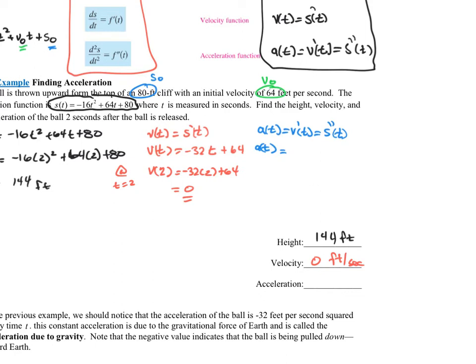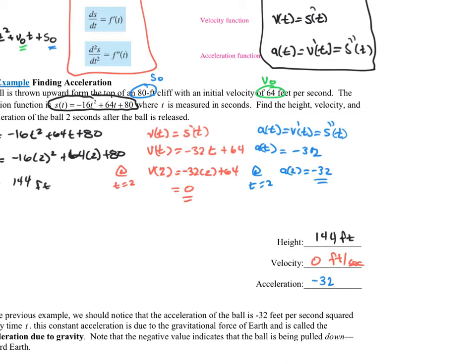The derivative of t is just 1, and negative 32 times 1 is negative 32. And then the derivative of 64 is just 0. So the acceleration a of t, regardless of the value of t, is always negative 32. So at t equals 2, a of 2 is still negative 32. So there's my acceleration of the object.